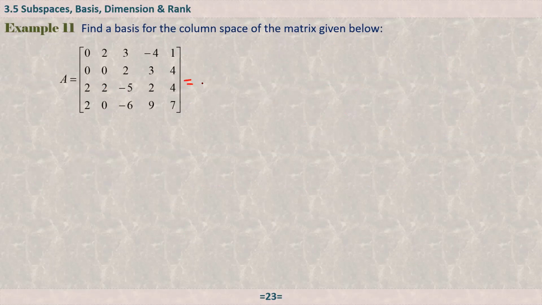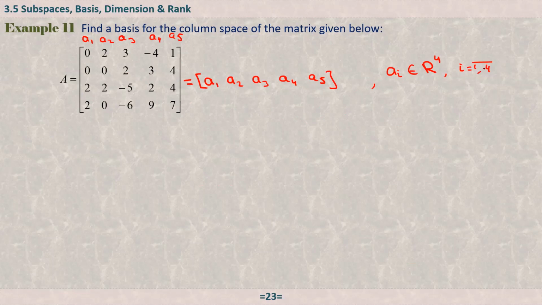So I can write it as A1, A2, A3, A4, and A5. Each column has 4 components, so these vectors are taken from 4-dimensional space, and here of course I changed i from 1 to 5.